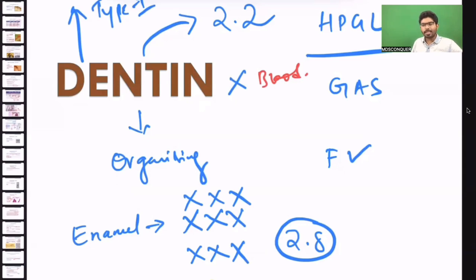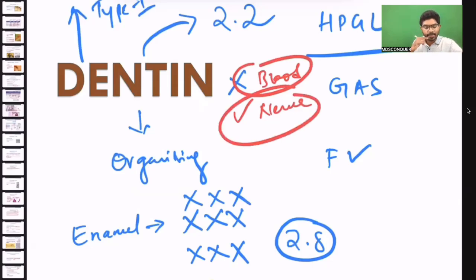Deeper layers are going to have some nerve endings. So neural supply is there, no blood supply. And the predominant collagen is type 1. Shall I go to the next part?